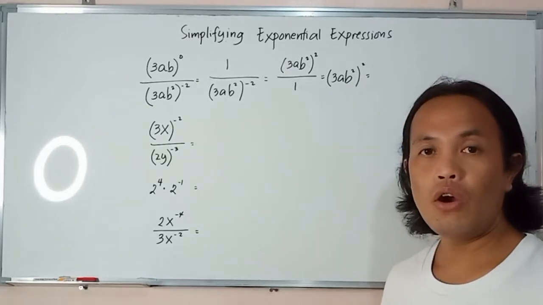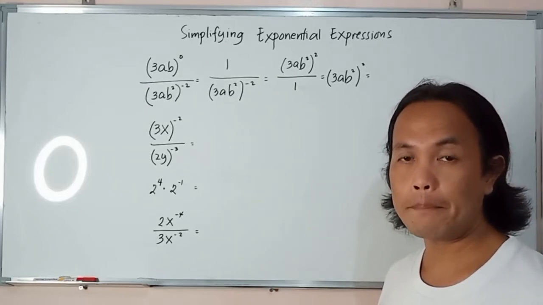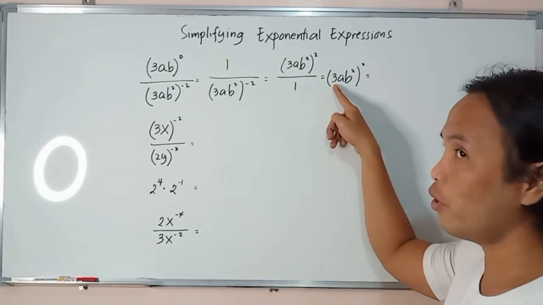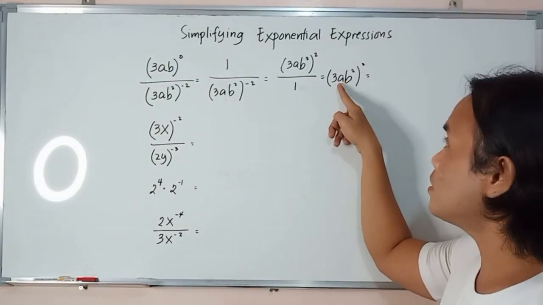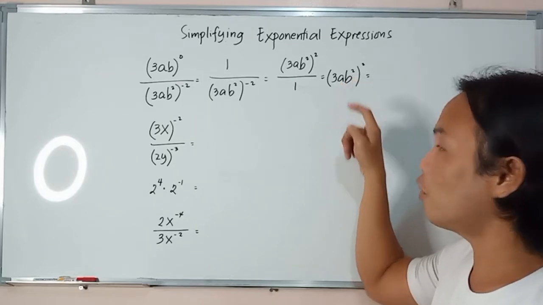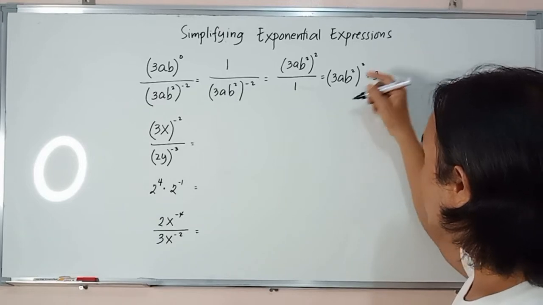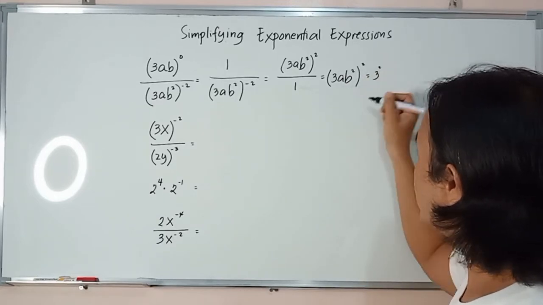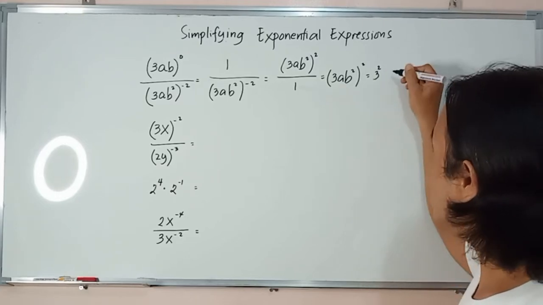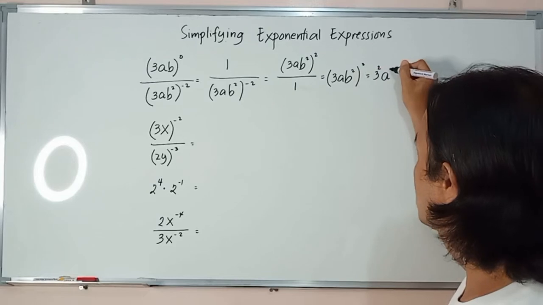And this time, we will now apply the law on power of a product. So, since we have here 3, the exponent of 3 is 1, the same with a, the exponent of a is 1, and b, the exponent of b is 2. So, we can have 3, then 1 times 2 is 2. Then we have a, the exponent of a is 1 times 2 is 2.